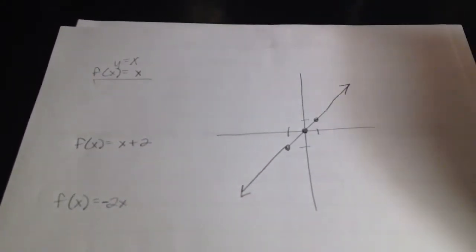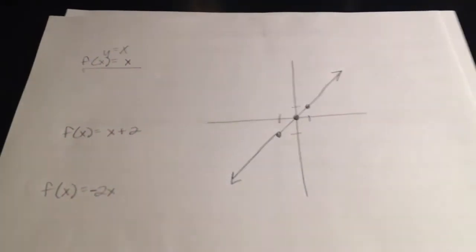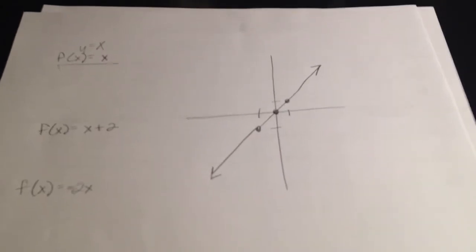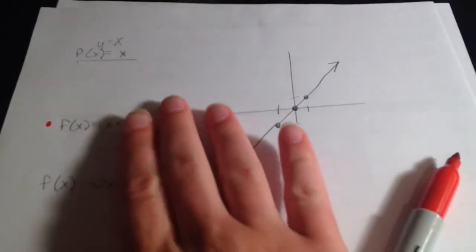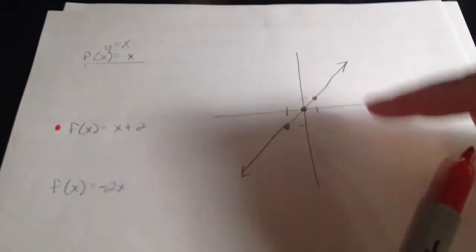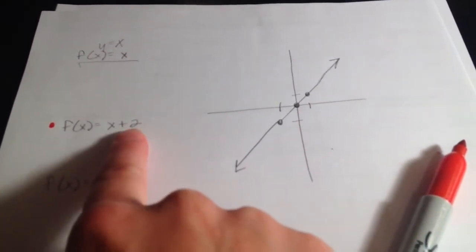So I'm going to do mine in colors. I don't have as good a setup as I do at school, so you're going to have to bear with me. I'm going to use red for this first transformation. Now notice, we still have f of x equals x there, so we still have this graph. But then we're asking ourselves, what is happening to that?